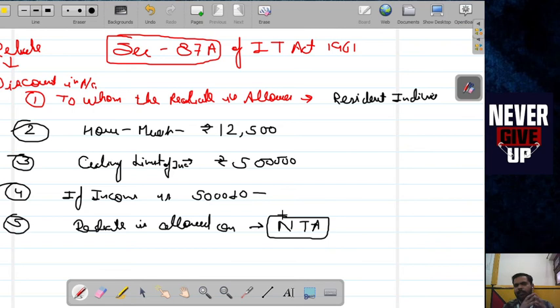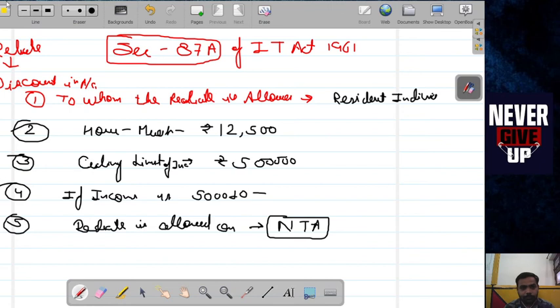If any resident individual, listen to me very carefully for a few minutes. If any resident and individual has income up to 5 lakh, then the rebate of rupees 12,500 must be allowed on net total income.